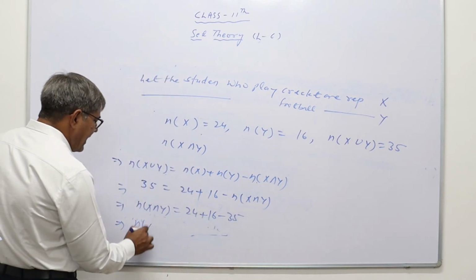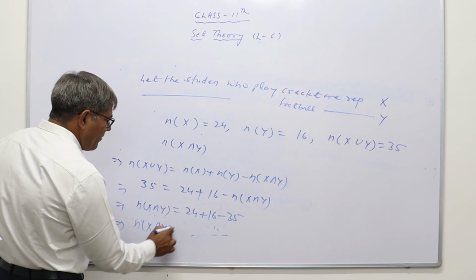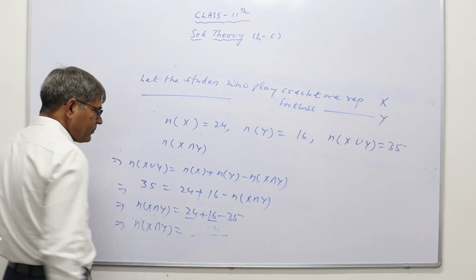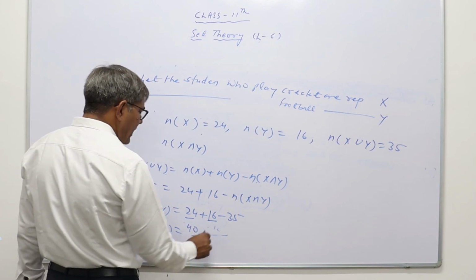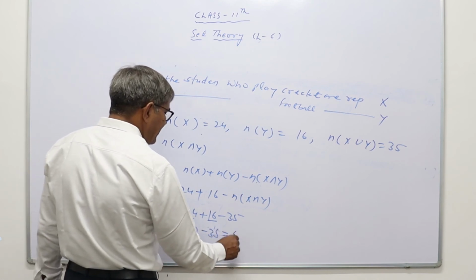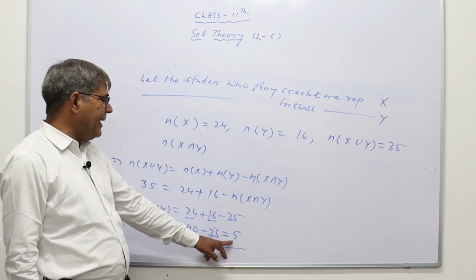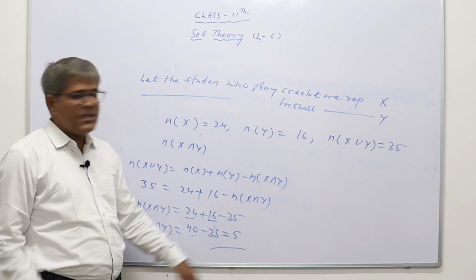So n(X intersection Y) will be equal to 40 minus 35, that is 5. So there are only 5 students who are playing cricket as well as football.